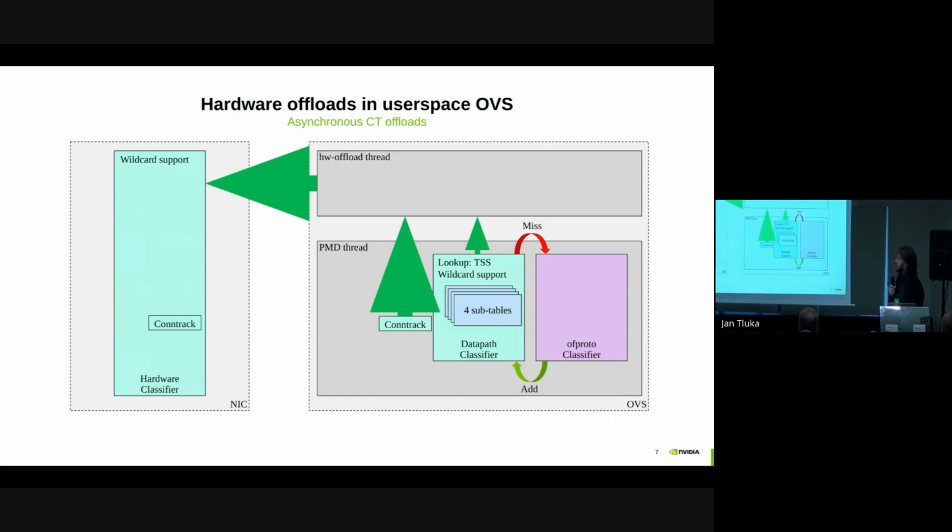On top of that, in the conntrack module that executes in the user space data path, you take the state of each of those objects, and then you send them to the hardware offload thread to finally insert them in a new conntrack context there in the hardware classifier.